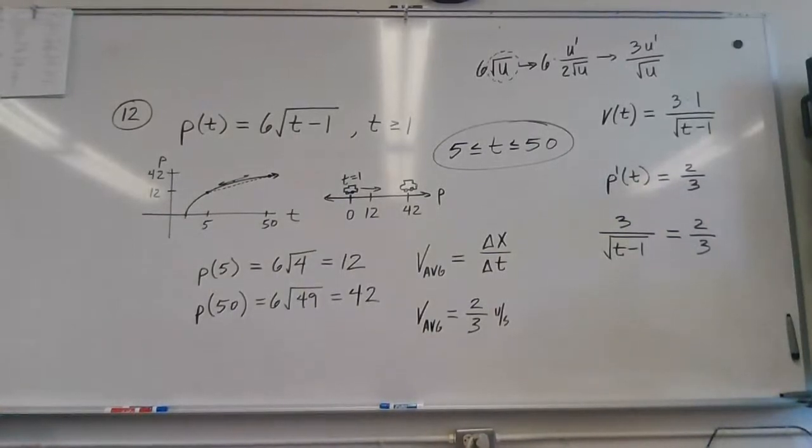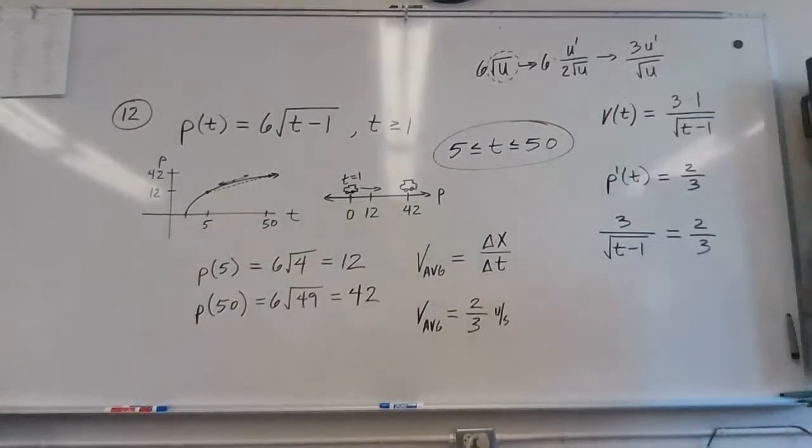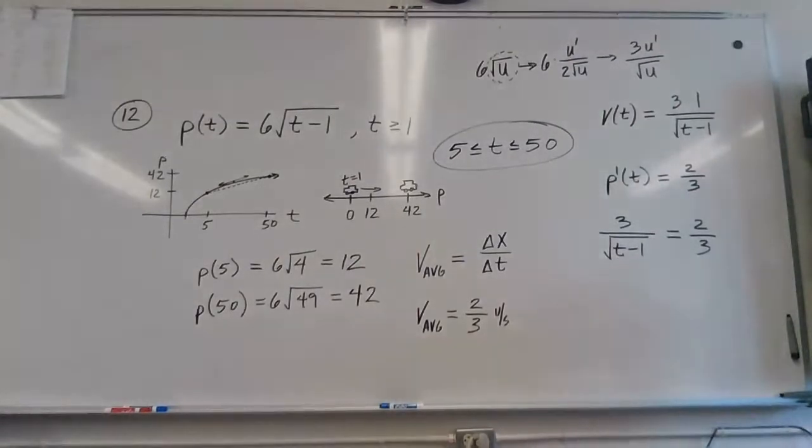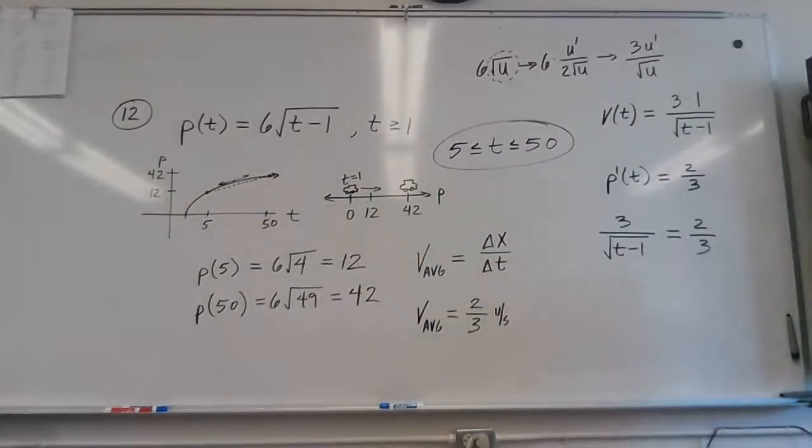Did anyone figure out the weirdness? So what do you guys think? There's no time zero. That's okay. Yes, that's a good point, but it does specify that this is the position function only defined for times 1 or greater.